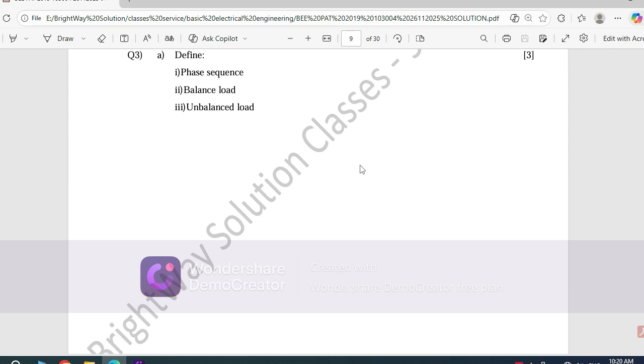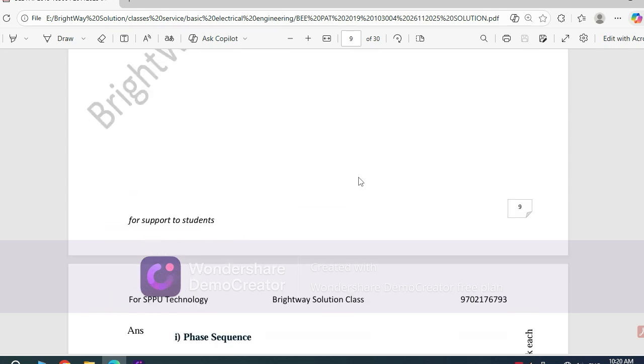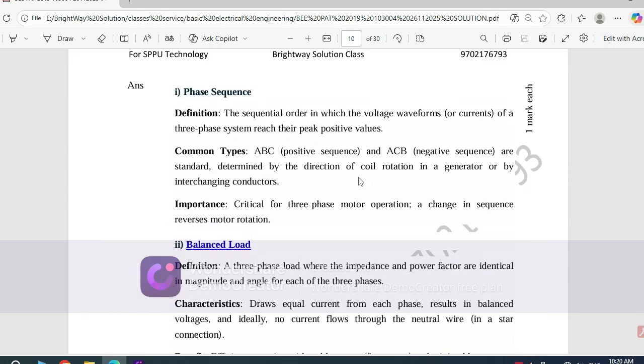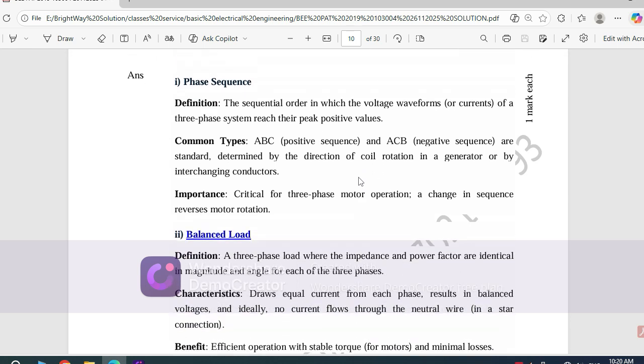So how are we going to answer it? Here is the definition. Every student's mind is different, they think differently. They give the answer on the basis of elements, like in a delta or star, the loads are balanced, the loads are equal.